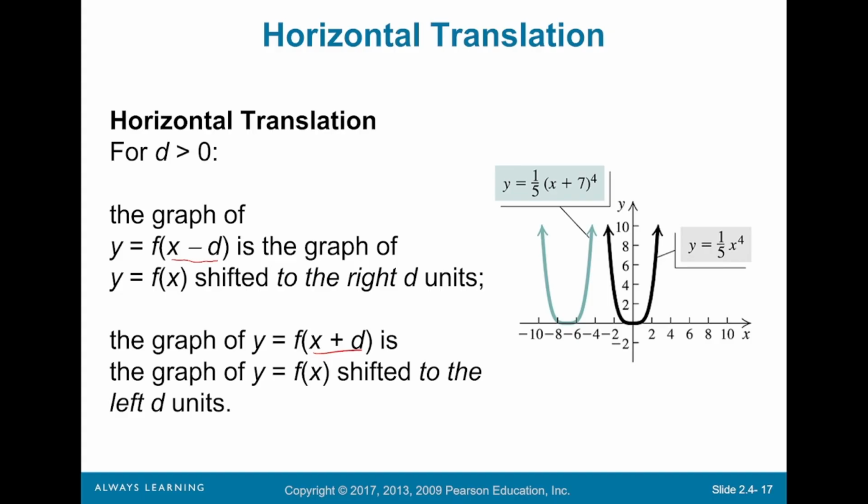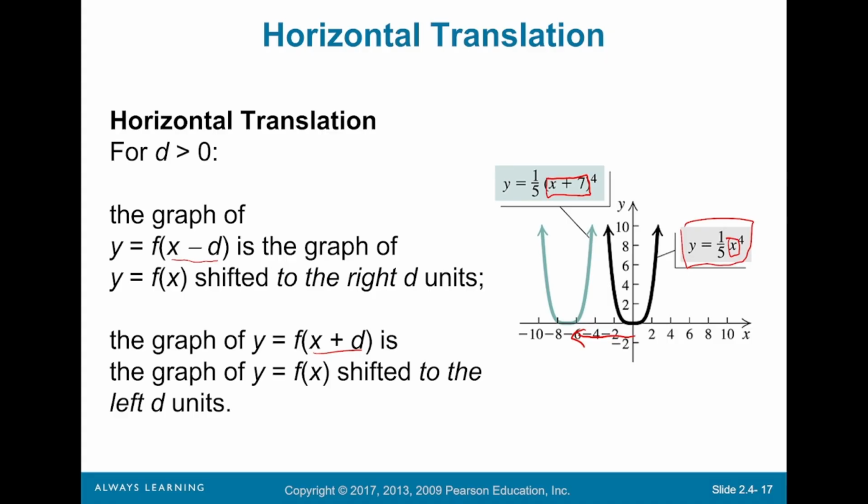So as I take our example function here, and I take my x value inside the raised to the 4, and I replace it by adding 7 to it, that actually moves the graph to the left. So as I add values to x, I shift the graph to the left.